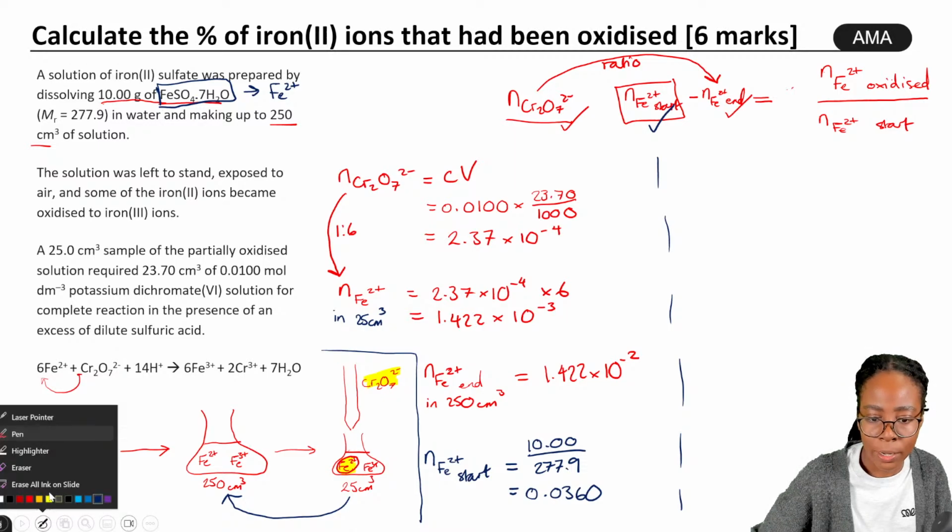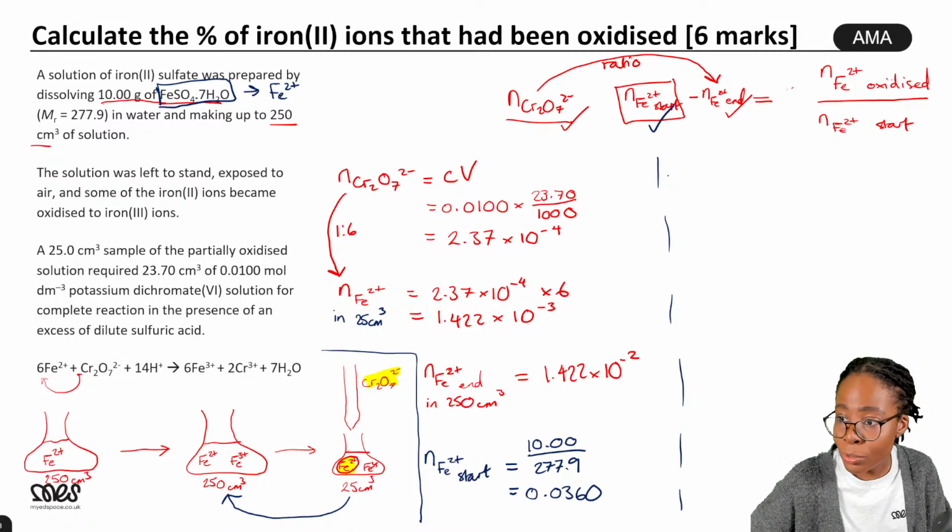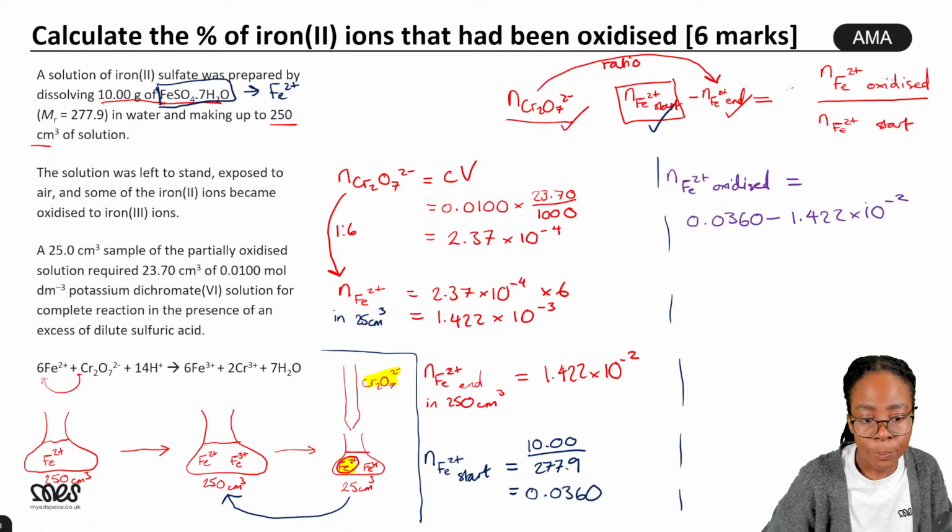Great. Oh, this is going so well. Now, to find the number of moles of Fe2+ that were oxidized, that's going to be the number of moles that we had at the start, 0.0360, minus the moles that we have at the end, 1.422 times 10 to the minus 2, which gives us... it's 1-to-1 because in our salt, we only have one Fe2+ ion, right?